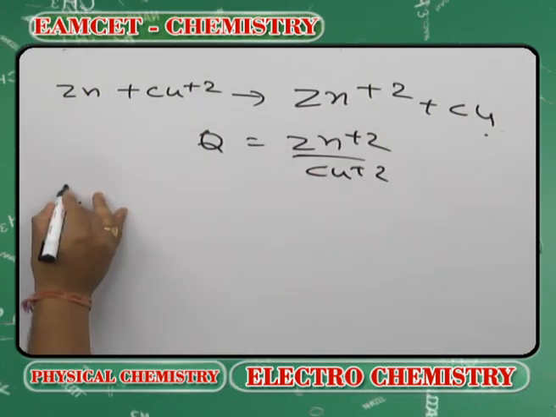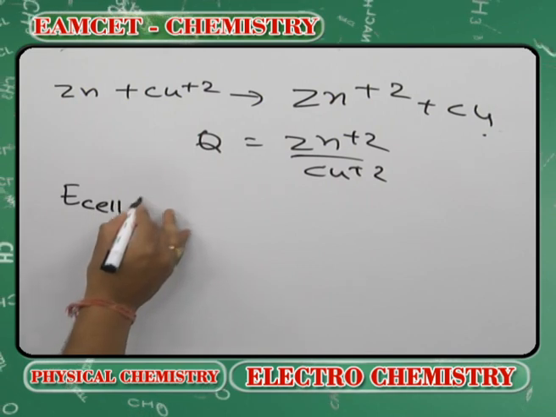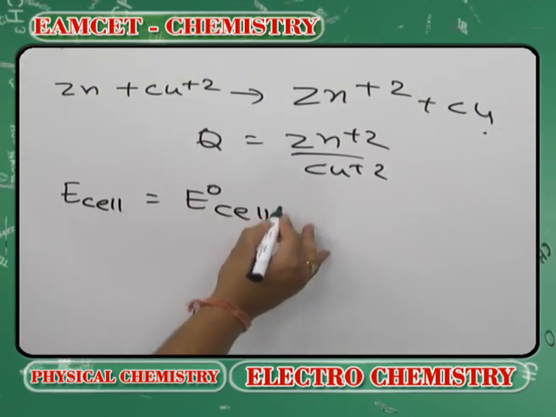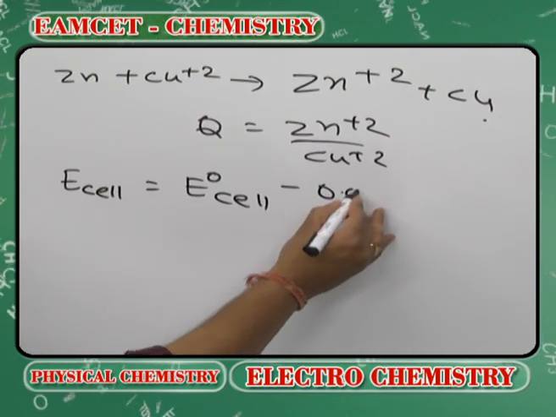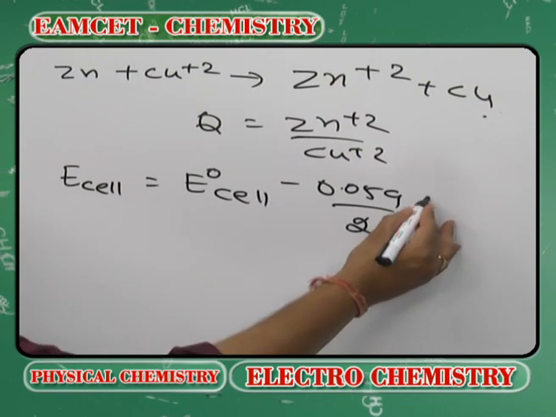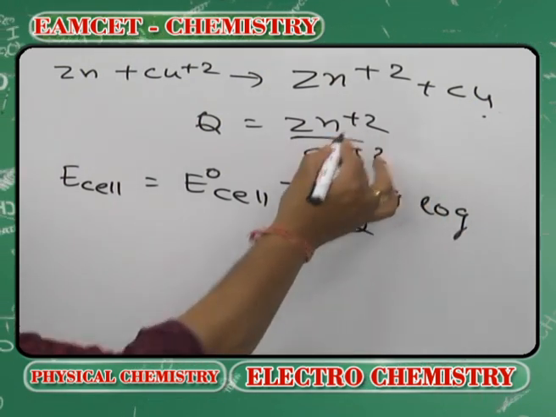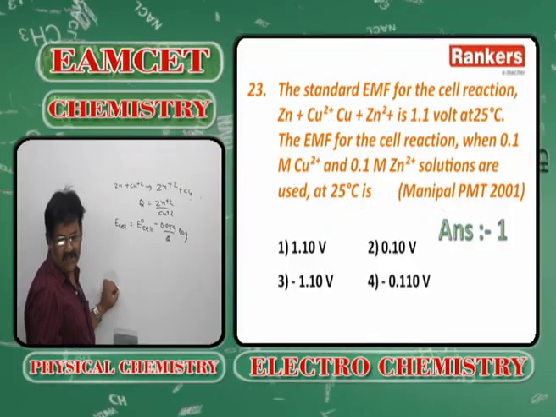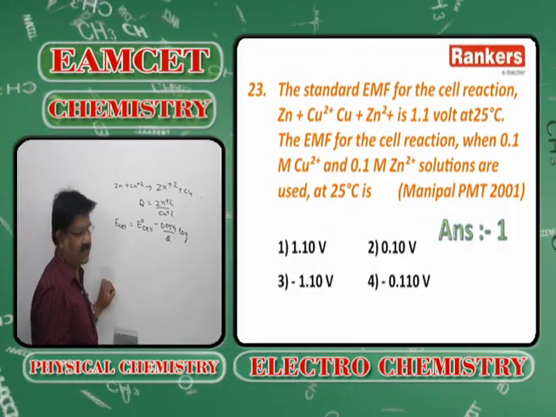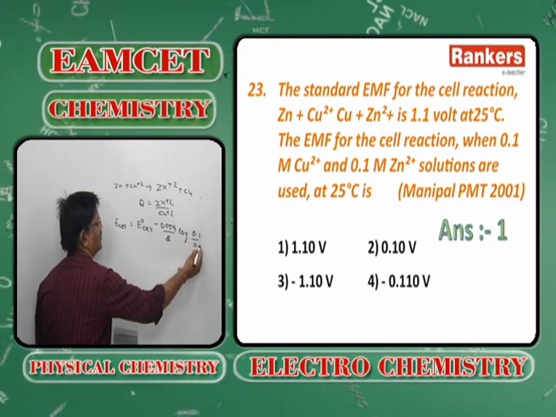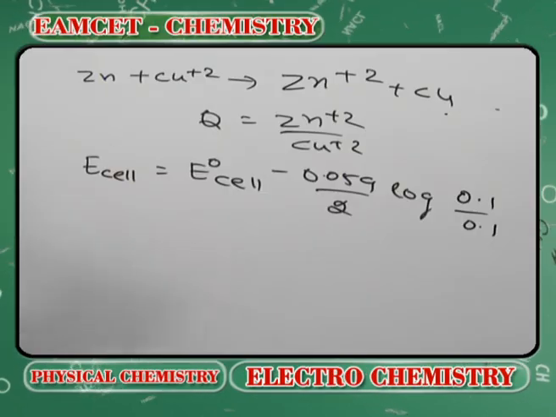Now E cell is equal to E naught of the cell minus 0.059 by n, with 2 electrons, log Zn2+ by Cu2+. What is the Zn2+ concentration? It is given as 0.1, and the Cu2+ concentration is also given as 0.1.